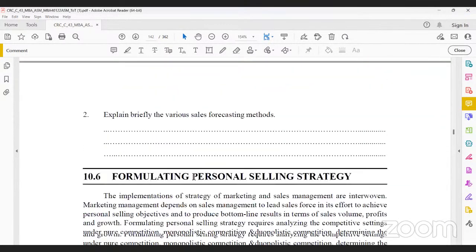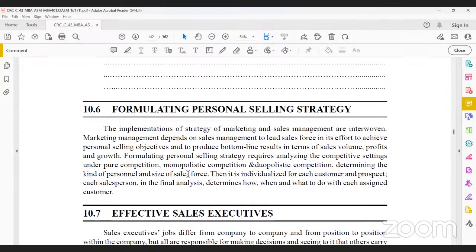Okay. So after that, we move to 10.6, formulating personal selling strategies. Implementing strategies of marketing and sales management are interwoven. Marketing management depends on sales management to lead the sales force in its effort to achieve personal selling objectives and to produce bottom line results in terms of sales volume, profit, and growth.